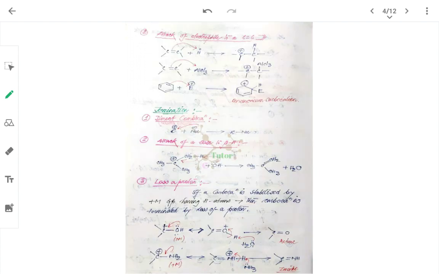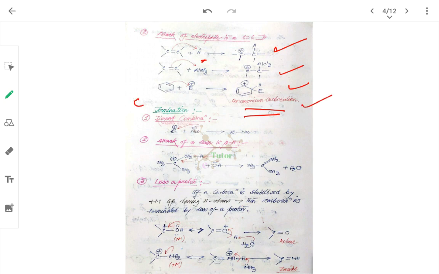Now, carbocation is also formed by the attack of an electrophile on a C double bond C. Now there is a C double bond C attacked by an electrophile. This is a Lewis acid and forms a carbocation, and this is a benzenonium carbocation formation.